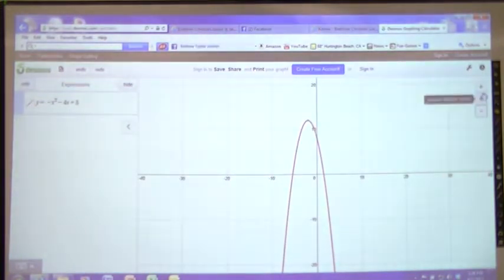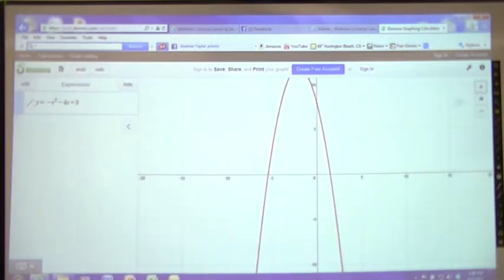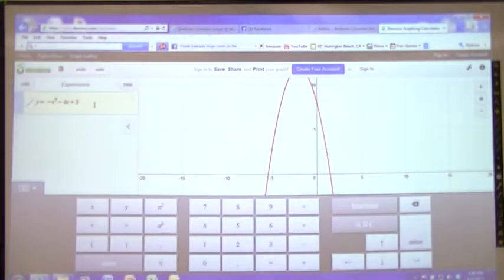All right, this is a decent one to do. We want the integral of this.